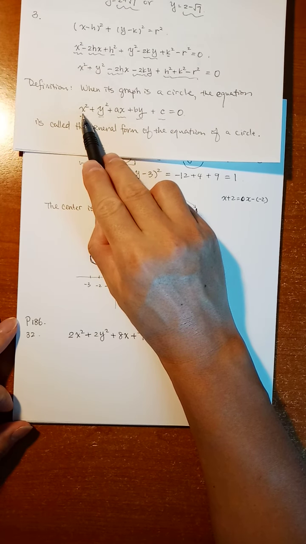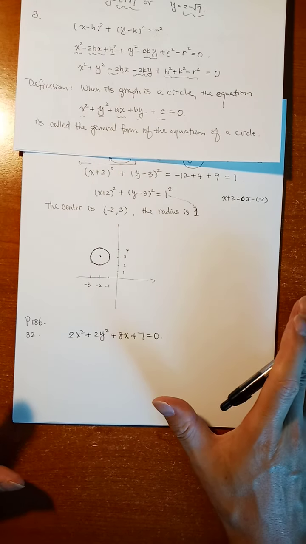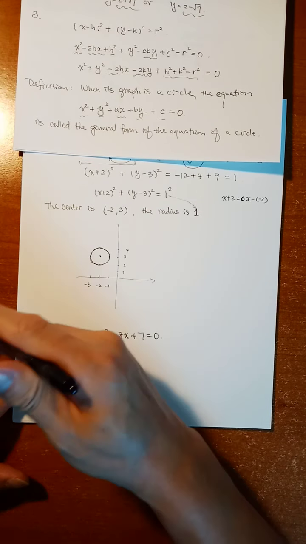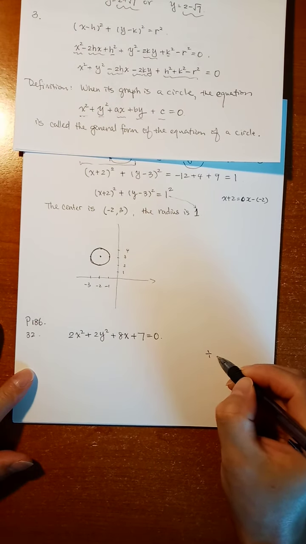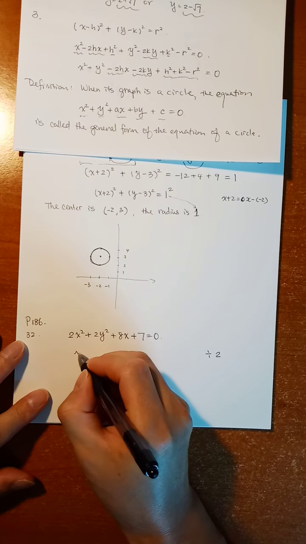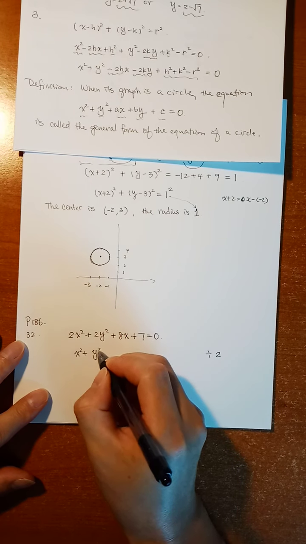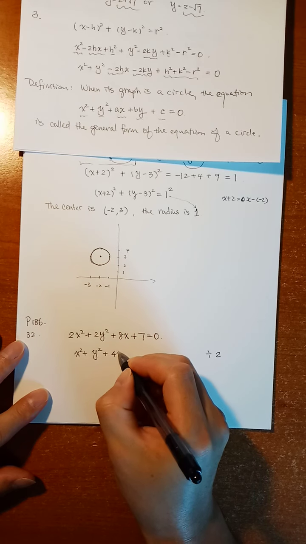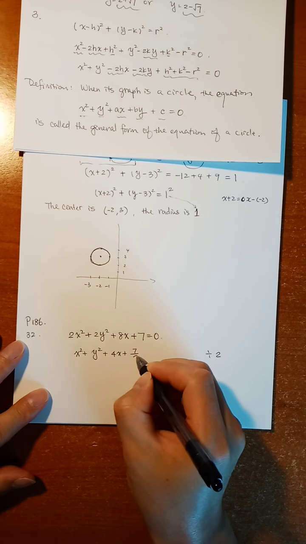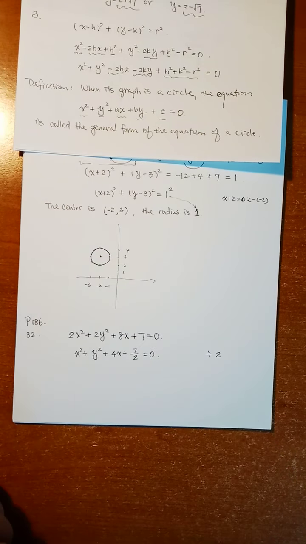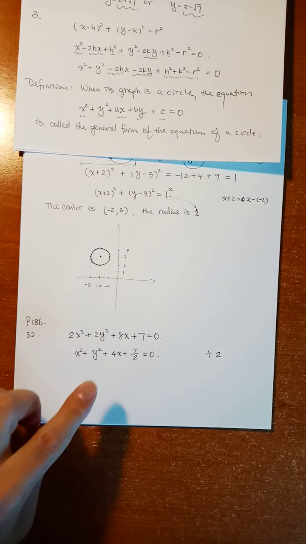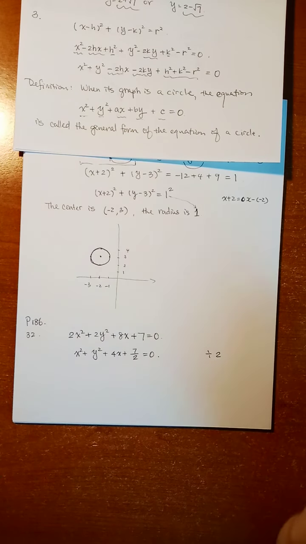In the general form, x squared and y squared have no coefficient. Here you have 2, 2. First you divide this equation by 2. Okay, so you must have x squared and y squared separate without additional coefficient.